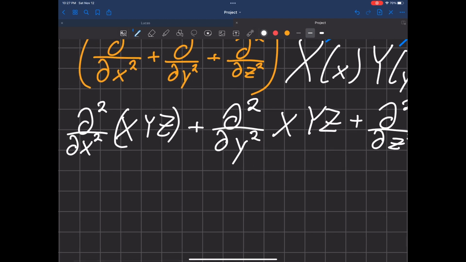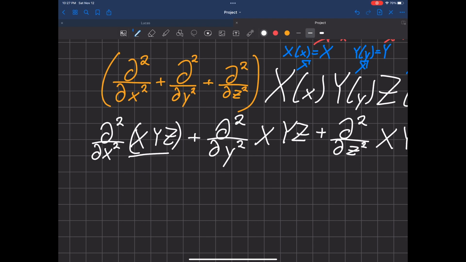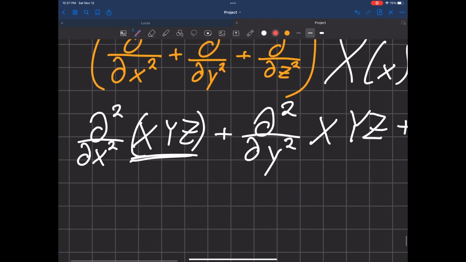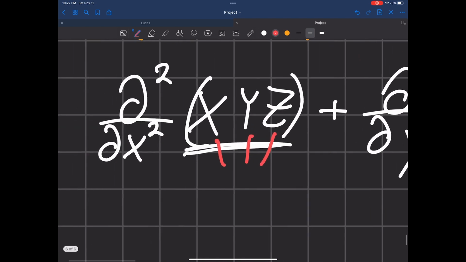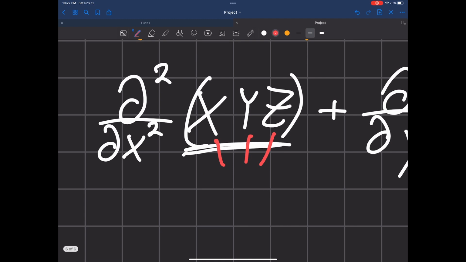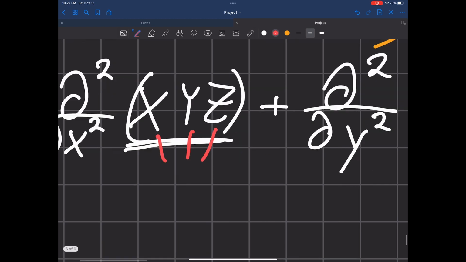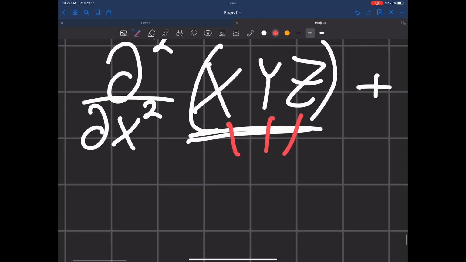Please keep in mind that these x, this y, these z, they're all functions. You cannot just say that because it's the second derivative of x that this goes to 0 or something, because, well, if I take the first derivative with respect to x of x, that equals 1.